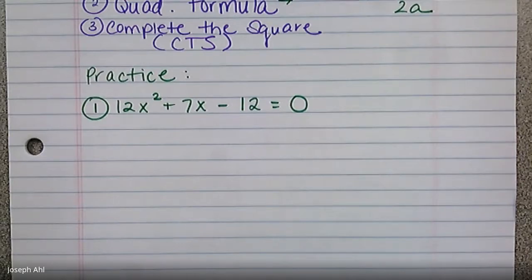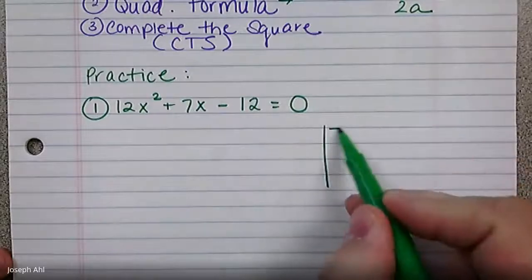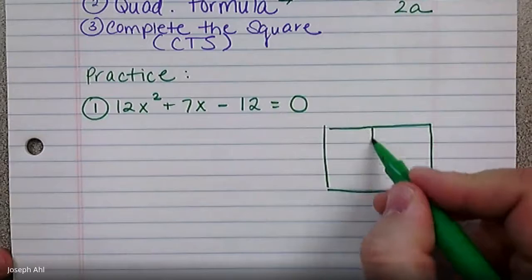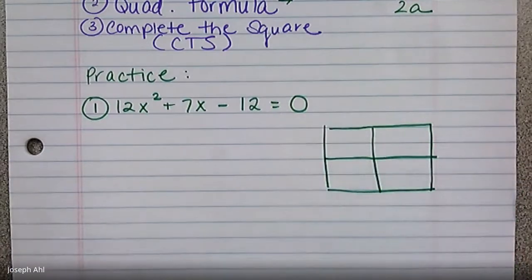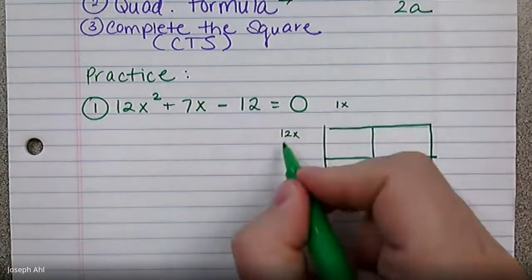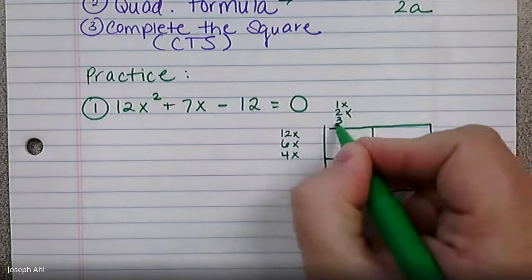So if I continue to think about maybe some box method factoring, the thing that's difficult about having 12x squared and at the end negative 12 is that there's a lot of possibilities, right? I mean, it could be 12x and 1x. It could be 6x and 2x. It could be 4x and 3x.